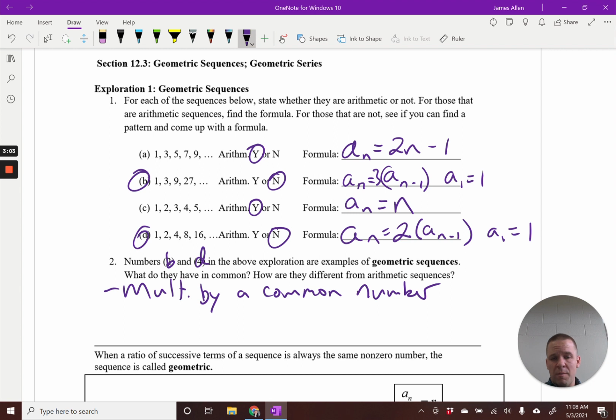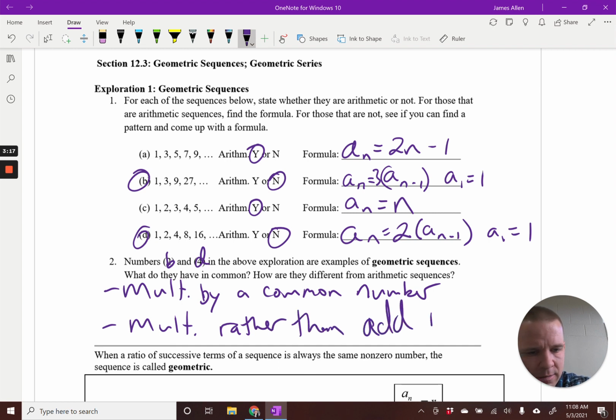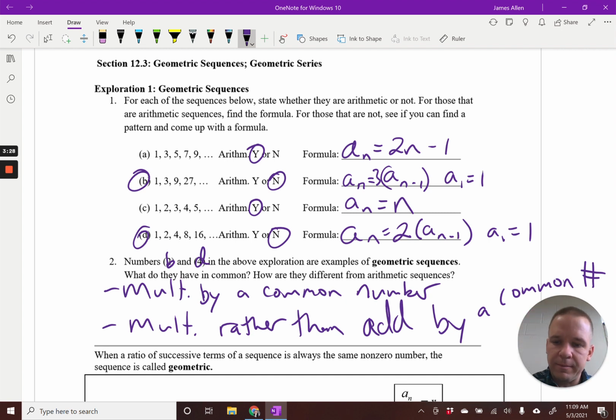How are they different from arithmetic sequences? Well, we're multiplying rather than adding, right? We're multiplying by the same number rather than adding by a common number. Hashtag YOLO. Okay. Lovely.